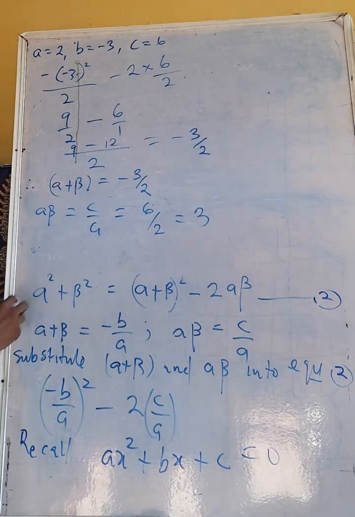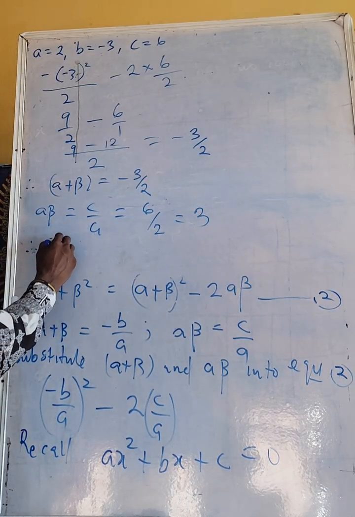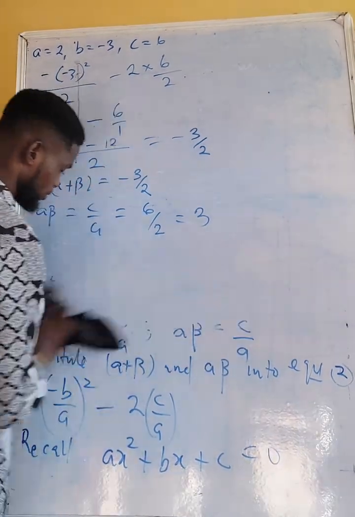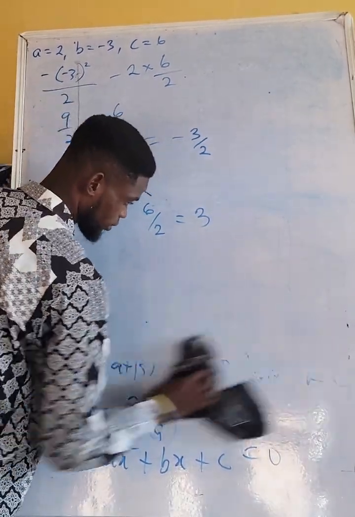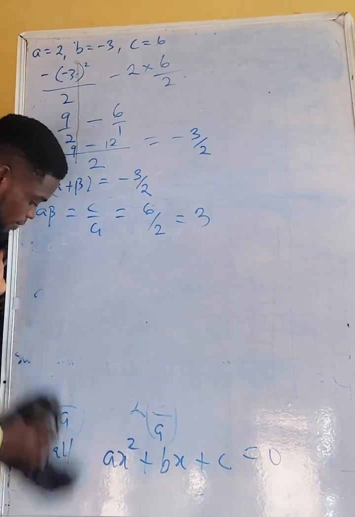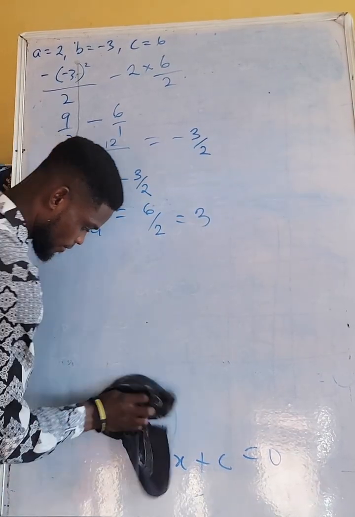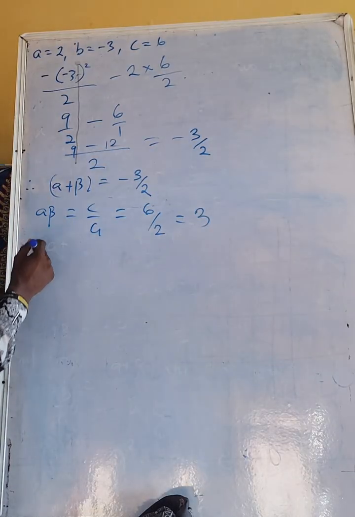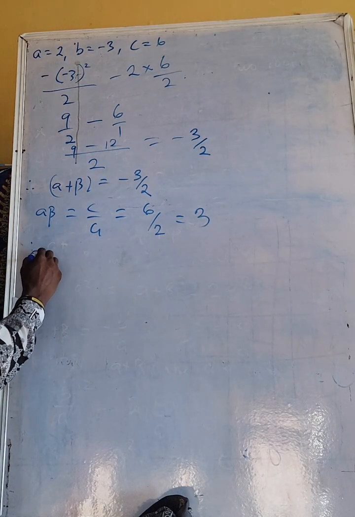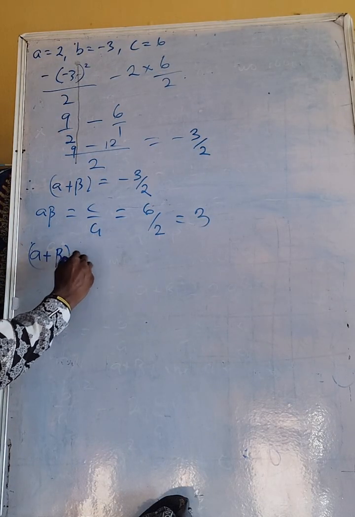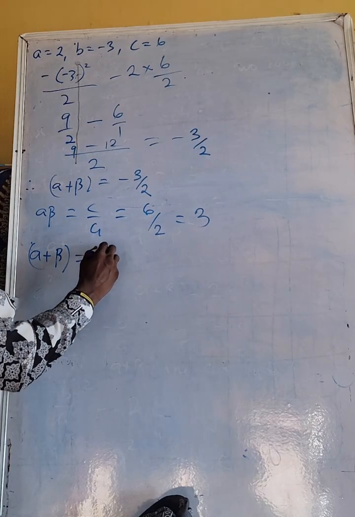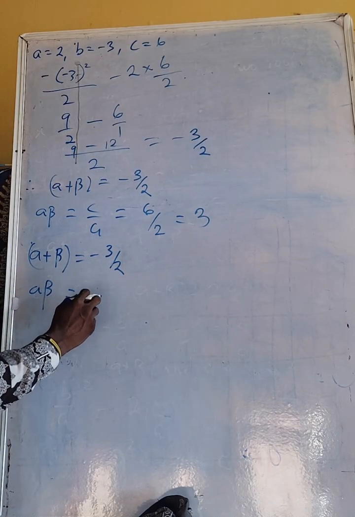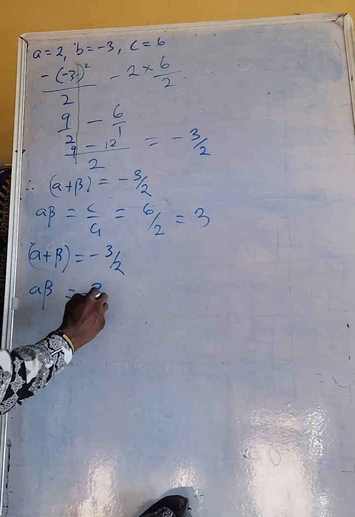Therefore, alpha plus beta will give you minus 3 over 2, and alpha beta will give you 3.